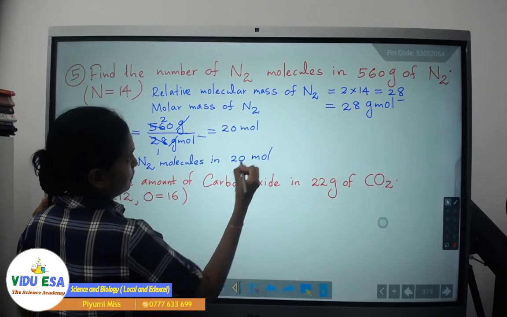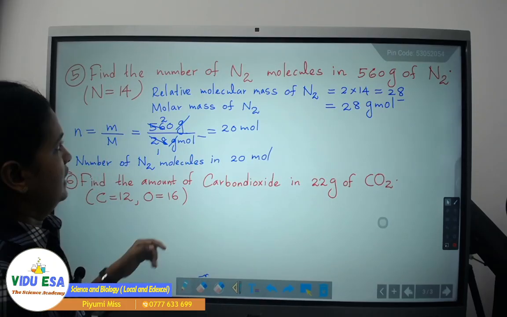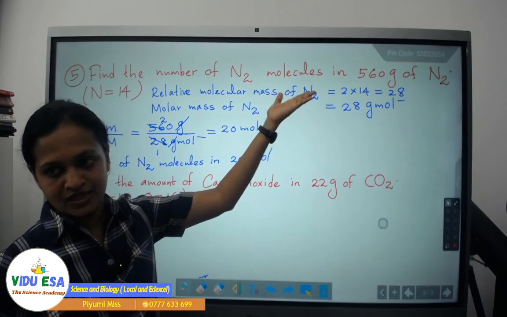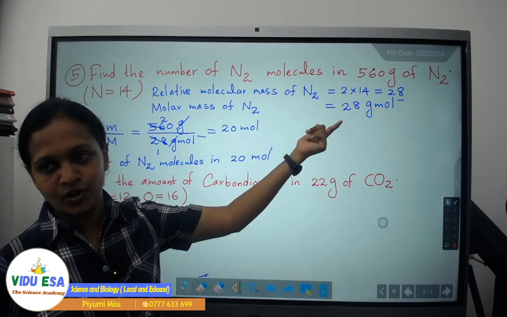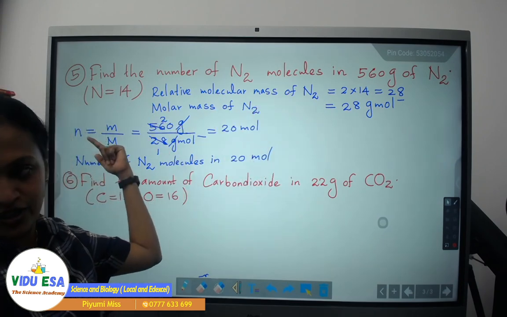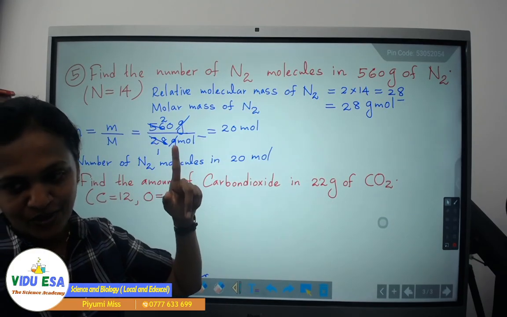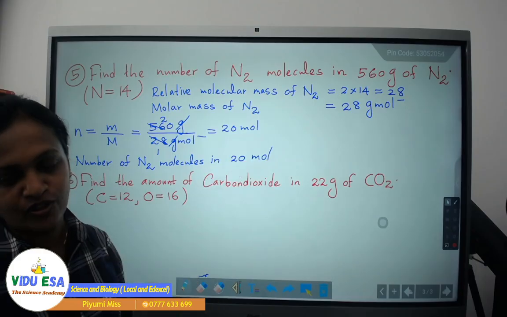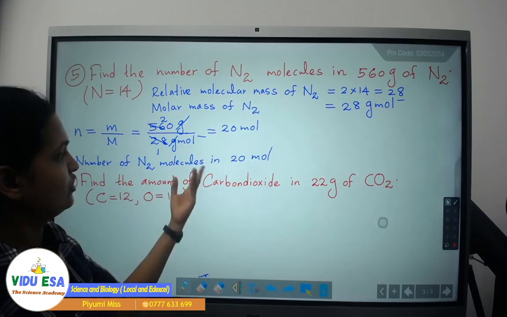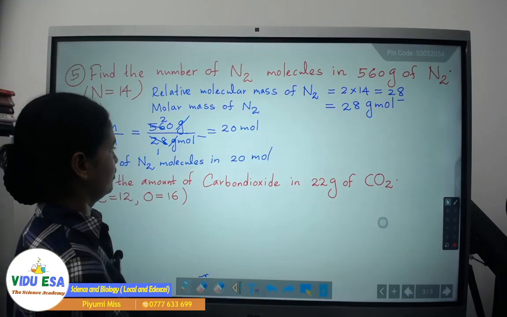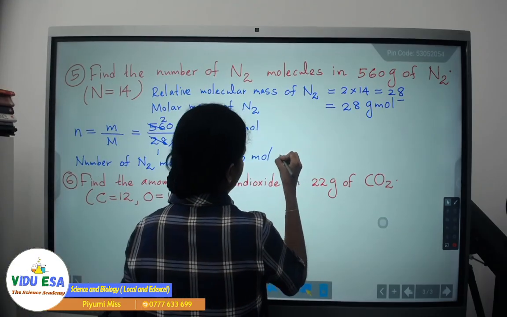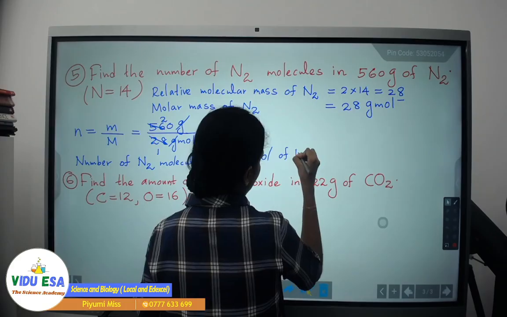Okay? We came stepwise. Relative molecular mass taken in grams, molar mass. Then we found out the number of moles. Then we know in 1 mole, Avogadro constant of molecules are there. So in 20 moles, number of nitrogen molecules in 20 moles of N2.